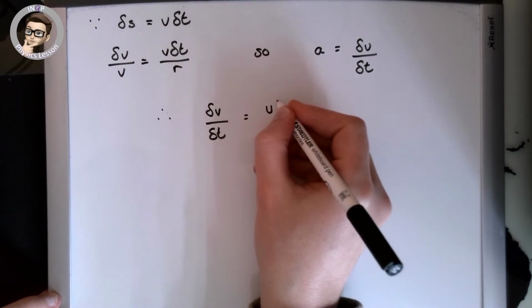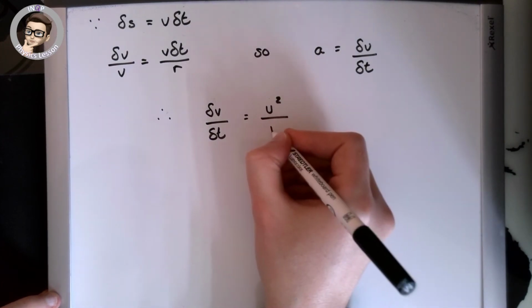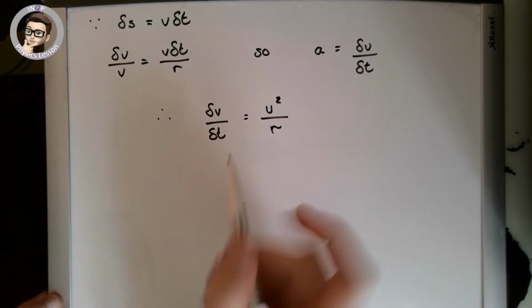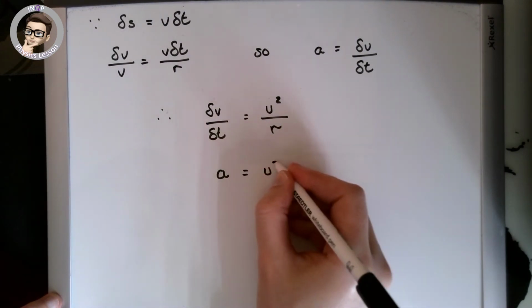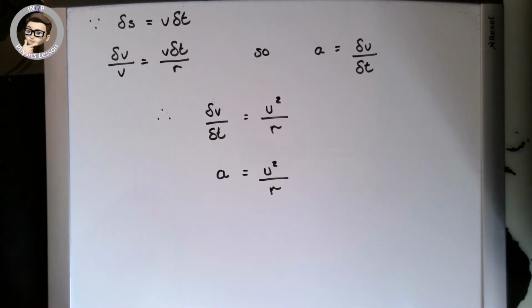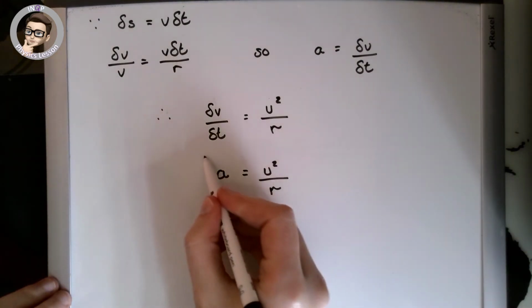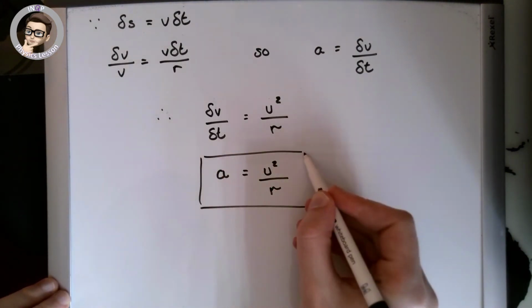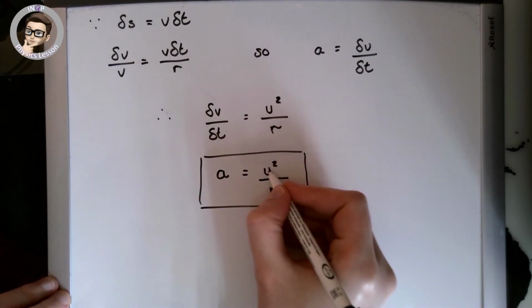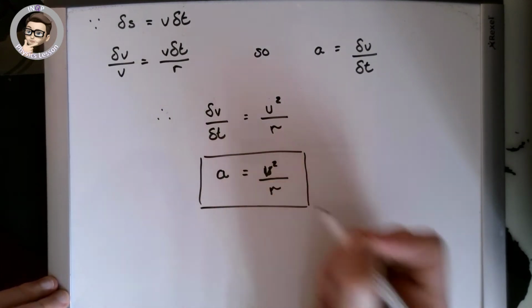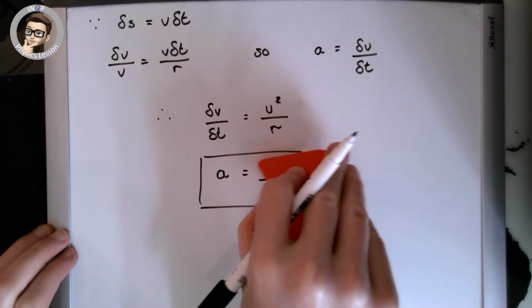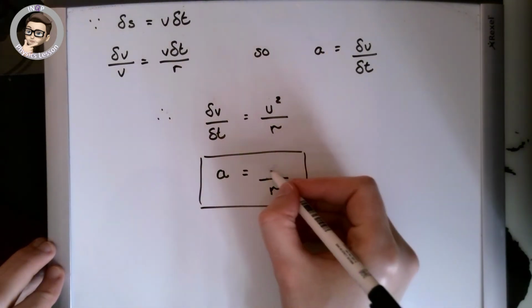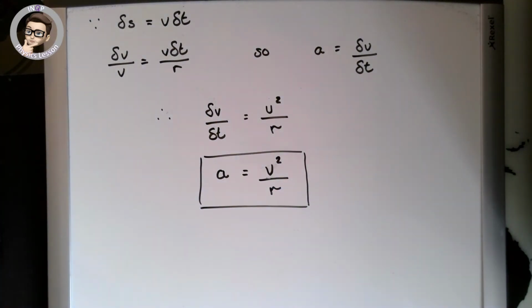It's going to give me v squared divided by r, and we know that dv dt is a. So my centripetal acceleration is going to be v squared divided by r. An important equation to know. Let me just change that to a proper v, because that looked like a u for a moment. Okay, so that's our first equation of the day.